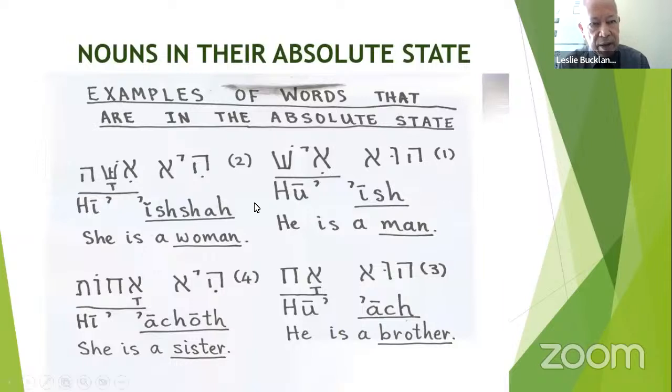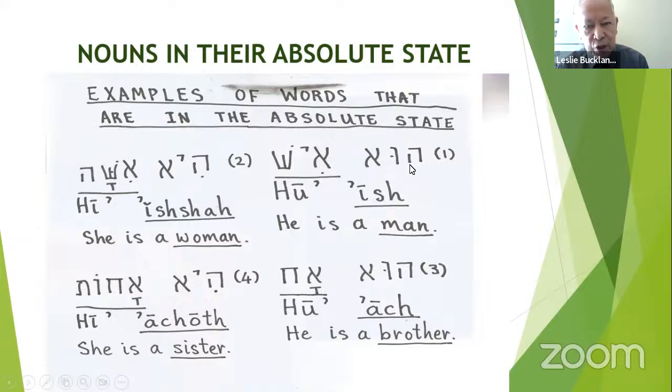Now, here are examples of nouns in their absolute state. Number one, there is hu ish. Hu is a personal subject pronoun that means he. Ish is a noun which means a man.